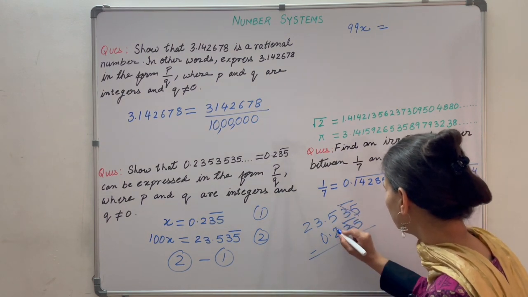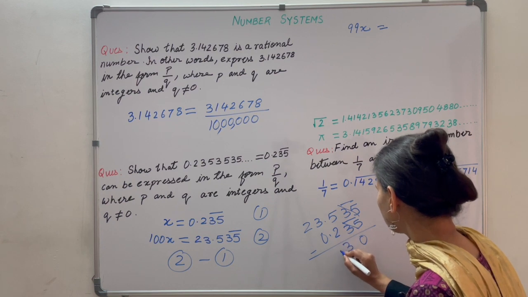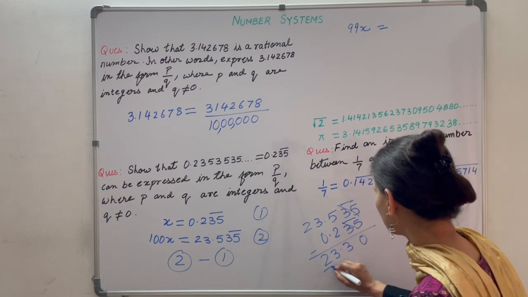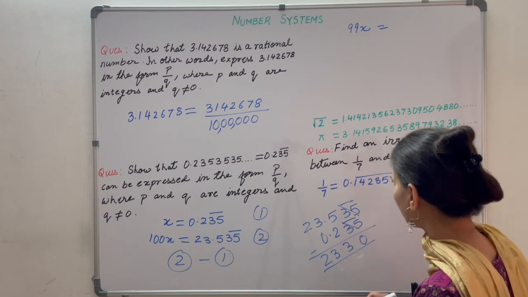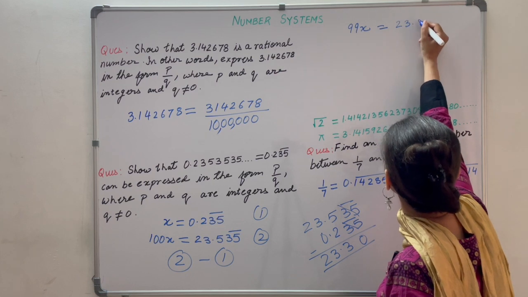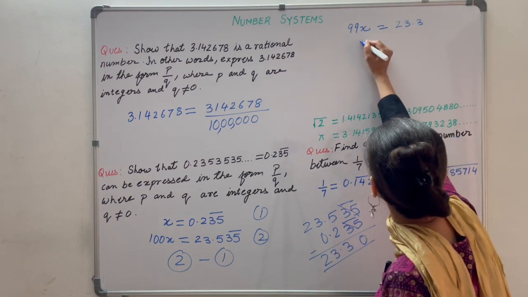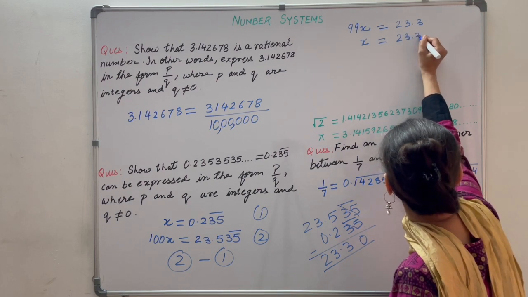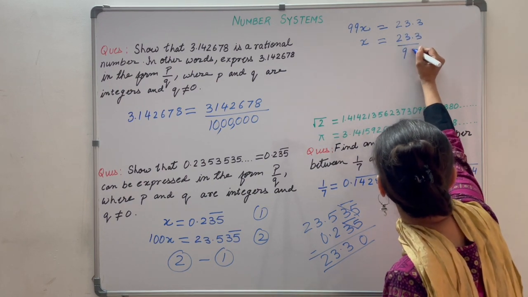You will get 0 here, 5 minus 2 is 3, and here you will get 3 and here you will get 2. So what will you get? 23.3. Now we will bring 99 to the other side. So here you will get 23.3 upon 99.